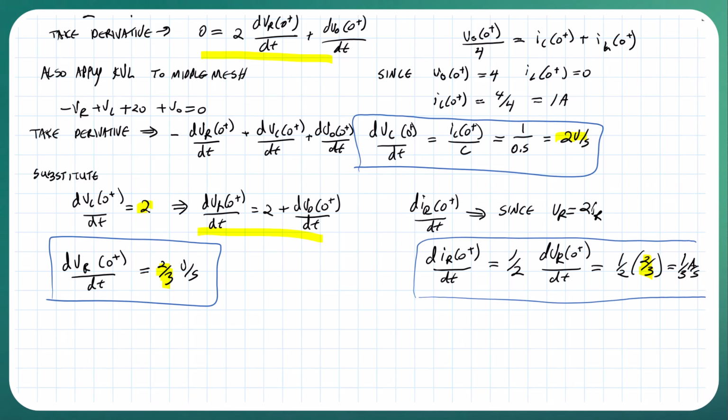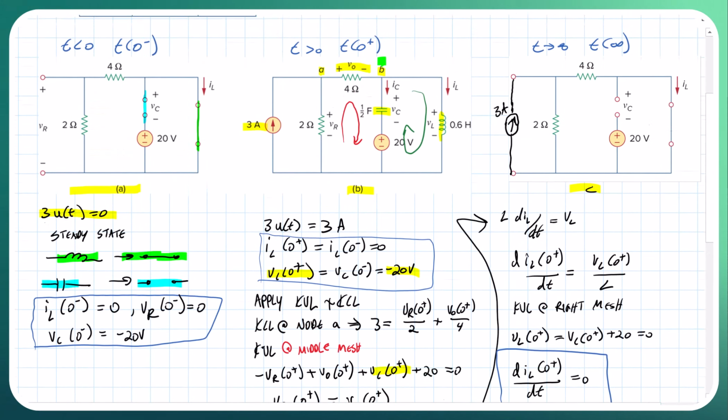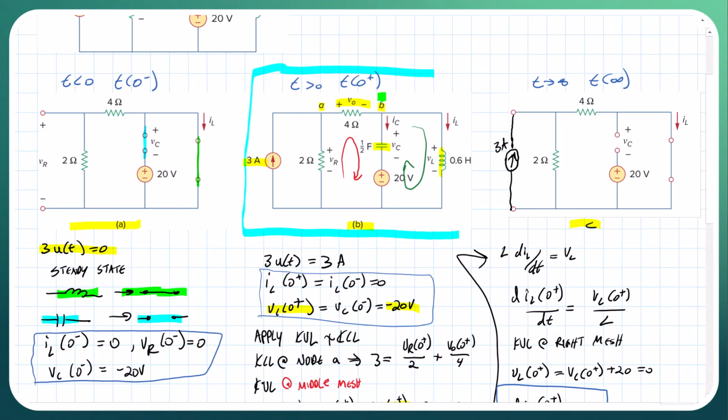Okay, so the bulk of the computation is coming from this state here. All right, now let's look at as time approaches infinity, which is going to be coming from this final circuit here.